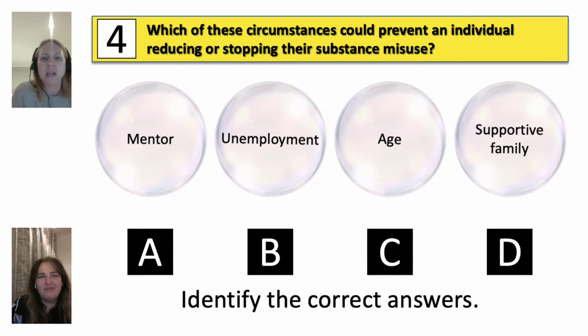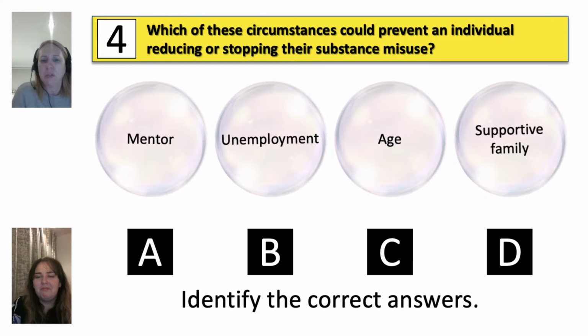So which of these circumstances could prevent an individual reducing or stopping their substance misuse? So which might prevent you stopping your substance misuse, for example? So it could be A, mental health, B, unemployment, C, age, or D, supportive family. What do you think? So prevent an individual being able to stop it.